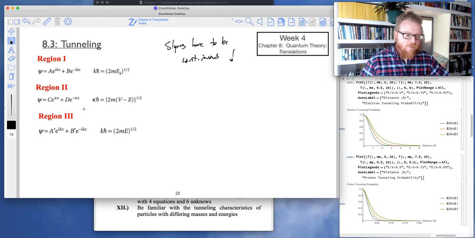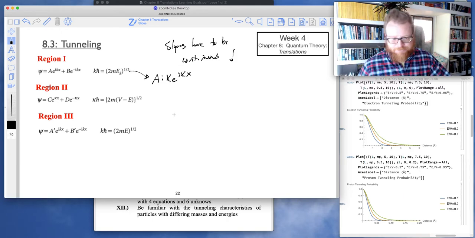Okay? So the first derivative of region 1, so let's do that. I'll just go through the full derivative. We know that the derivative of A e^(ikx) is going to be A ik e^(ikx), right?